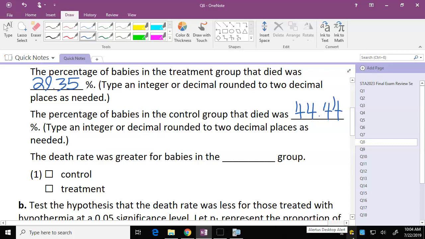Okay, so the death rate was greater for the babies in the blank group. Control, obviously. They had the bigger percentage. Everyone good so far? Makes sense? You just do some quick division, get your percentages, and then look at which one had the bigger mortality rate.